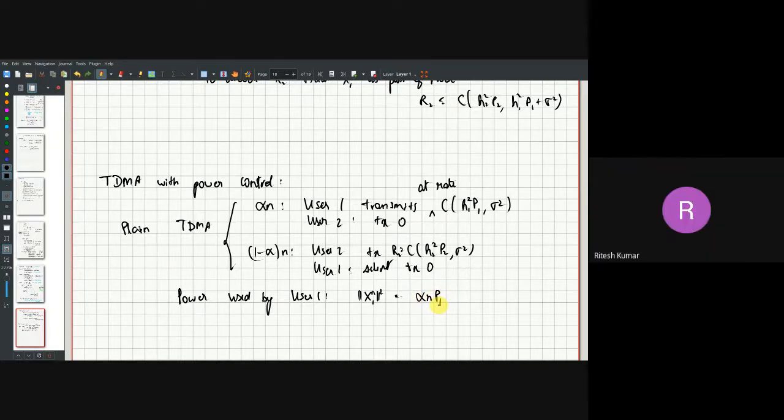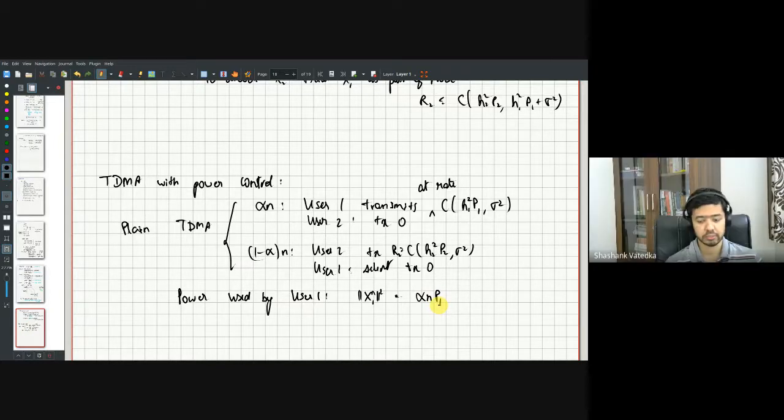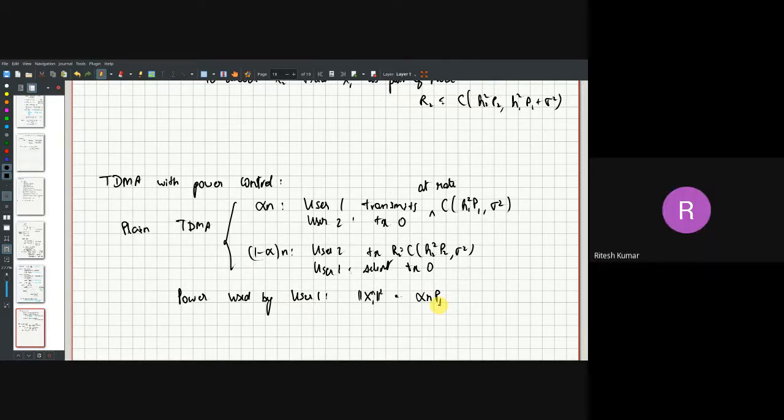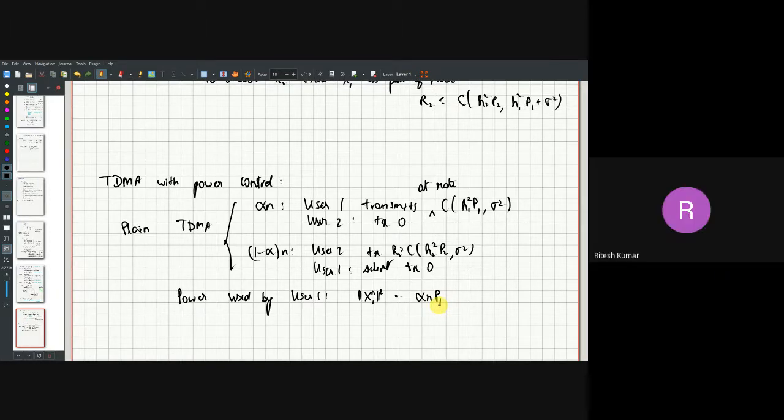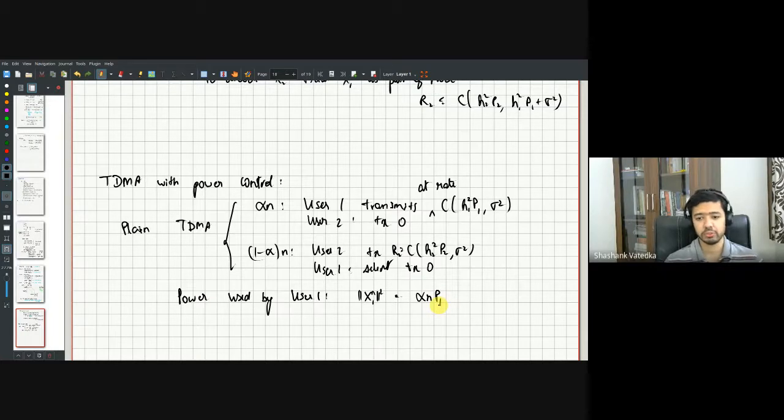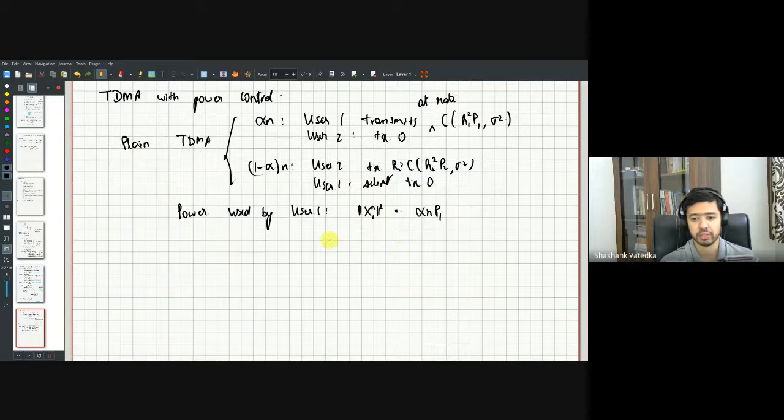Sir, but we have n times P1 as the constraint. Exactly. The constraint is n times P1. So you're using less power than you actually have. You have a budget of P1, but you're using only alpha P1 of it because you're remaining silent for the remaining 1 minus alpha fraction of the time.